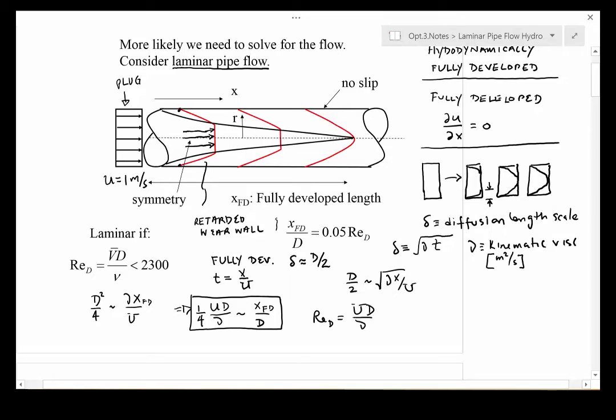Correlations show that in the laminar range, the fully developed length divided by the diameter is about 0.05 times the Reynolds number based upon D. Remember that laminar conditions hold when the Reynolds number is less than about 2300.